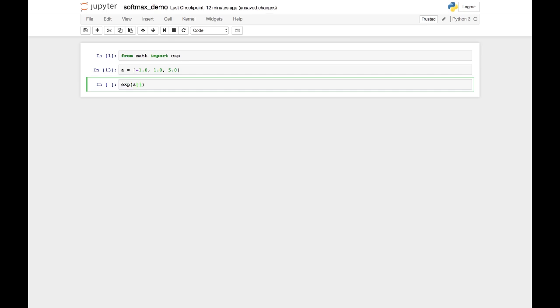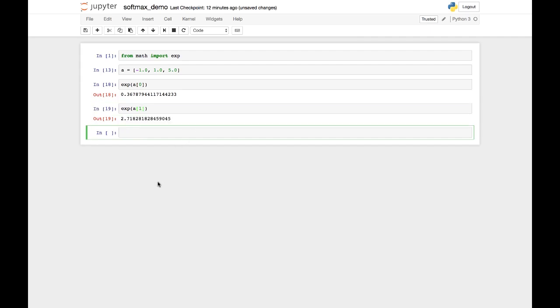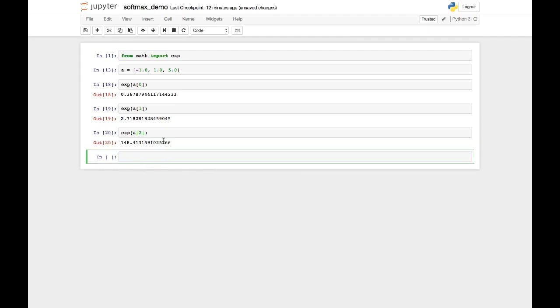So the exponent of the first one, the guess that this is a 0, is a relatively small number. It's guessed that this is a 1, is a larger number, but it's guessed that this is a 2, is even larger, much, much larger. So we only had these small increments in confidence on the input into the softmax layer.